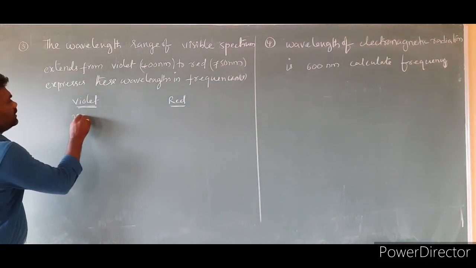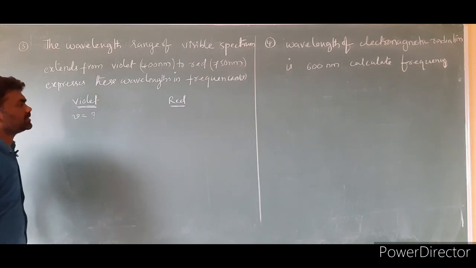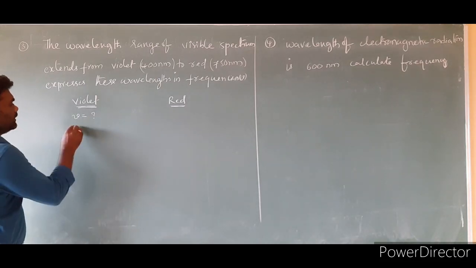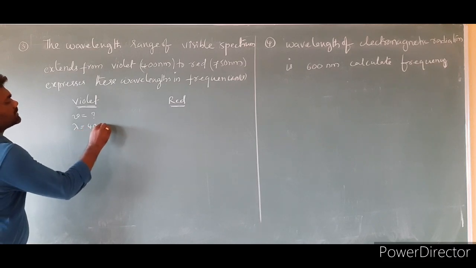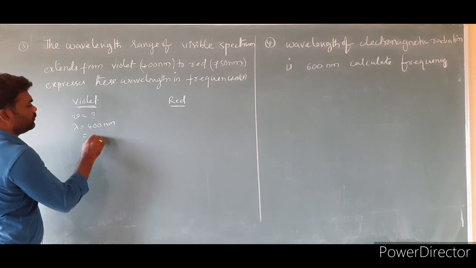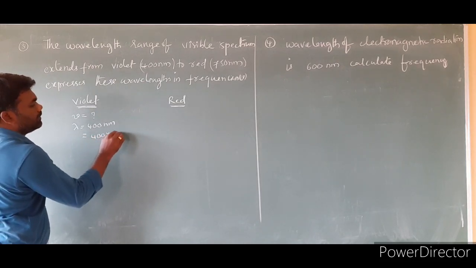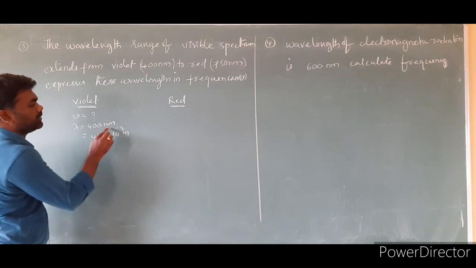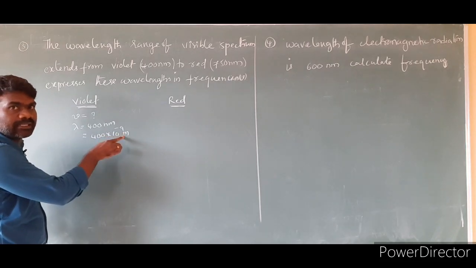Same method. The frequency we have to calculate is the question mark. Then wavelength lambda is given as 400 nanometers. Convert into meters: 400 into 10 power minus 9 meters, since 1 nanometer is equal to 10 power minus 9 meters.